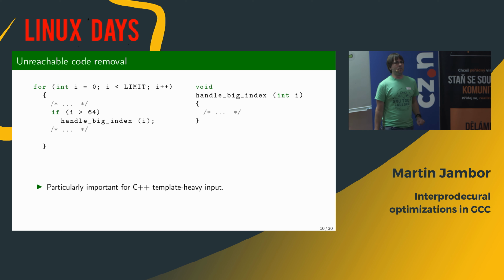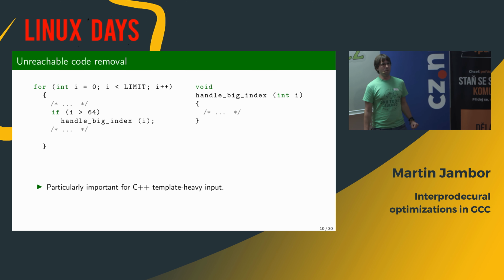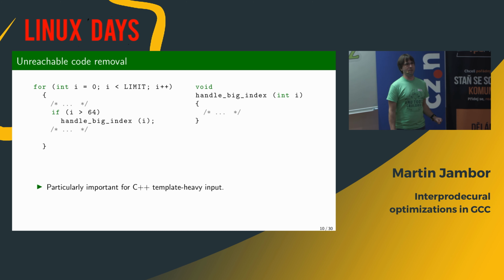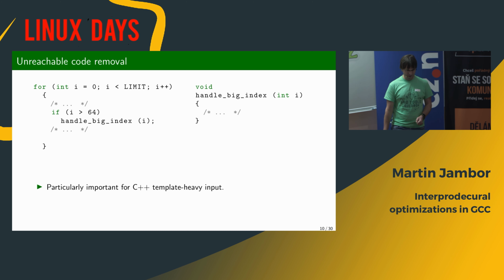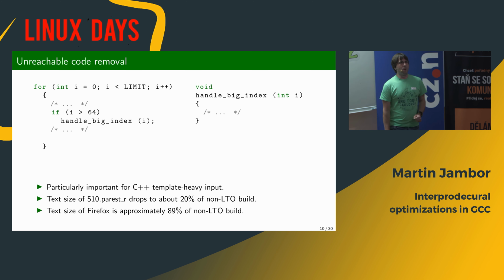This is particularly important for heavily templated C++ code, where instantiations of templates generate gazillions of functions, which eventually are not really necessary for various instantiations for various types. In some of the benchmarks, the drop in size of the resultant binary is really jaw-dropping.